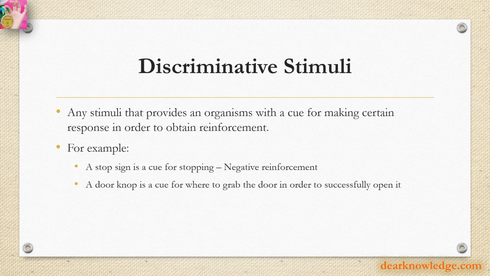In fact, if a door has a knob, people will always turn it, but if it has a handle, people usually push it, right? So the two kinds of opening devices each bring forth a different response from people, and their reward is opening the door. Other examples of discriminative stimuli are all around us.